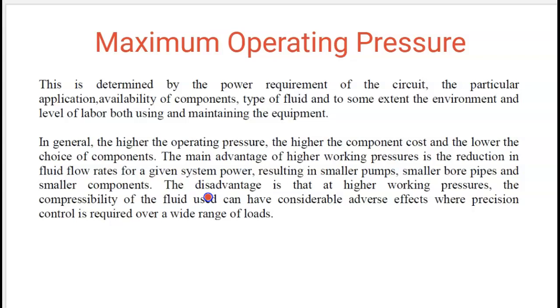The disadvantage is that at higher working pressure, the compatibility of the fluid can have an adverse effect, and where precision control is required over varying loads, it will have an adverse effect on the precision. So we need to manage the balance between the advantages and disadvantages.